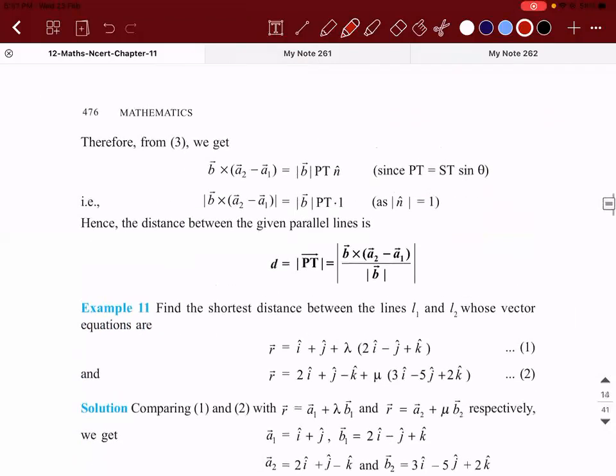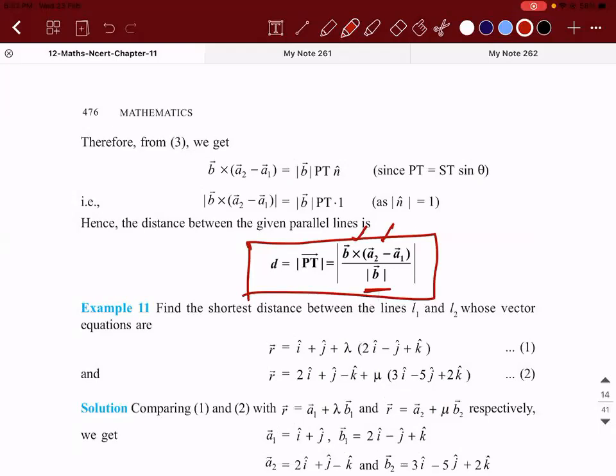When they are parallel lines, the formula is going to be the magnitude of B vector cross A2 vector minus A1 vector, divided by the magnitude of B vector. If it is skew lines, you will have B1 cross B2 dot A2 minus A1, divided by the magnitude of B1 cross B2. Whereas when you talk about parallel lines, you will not have B1 cross B2.